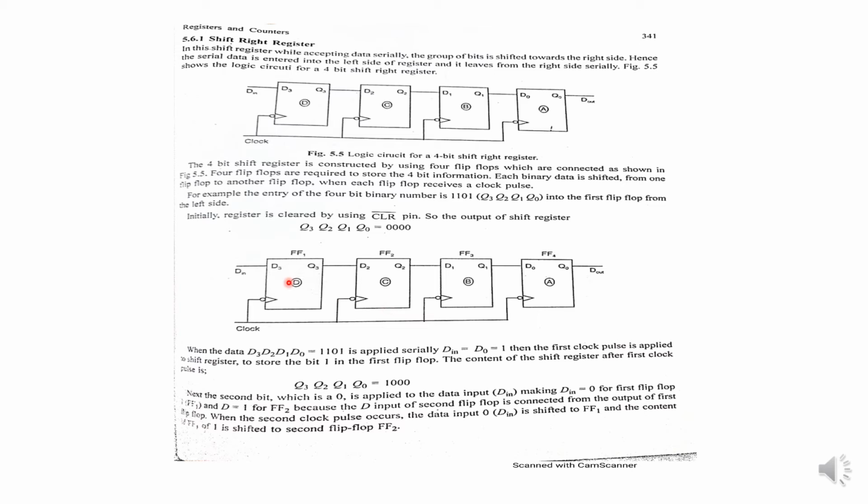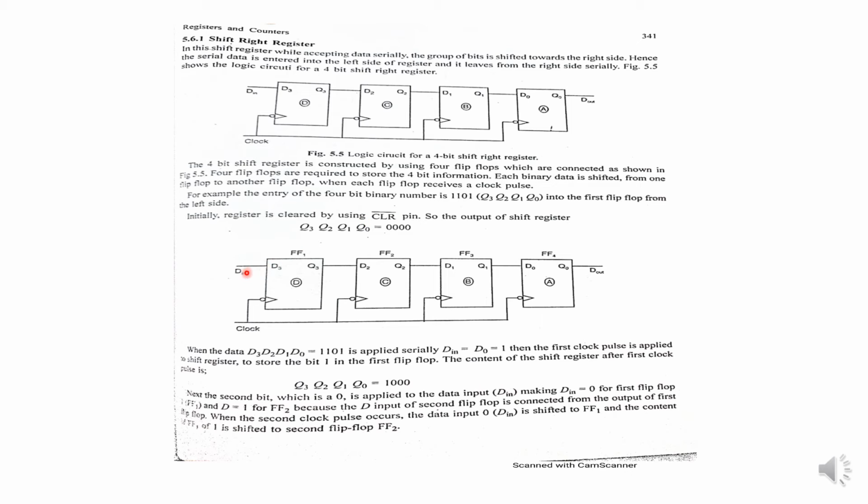So this is flip flop 1. It is mentioned here: flip flop 1, flip flop 2, flip flop 3 and flip flop 4. Don't be confused by D0, D1. Flip flop 1 is this one, flip flop 2 is this one, flip flop 3 is this one and flip flop 4 is this one, because we are shifting right.